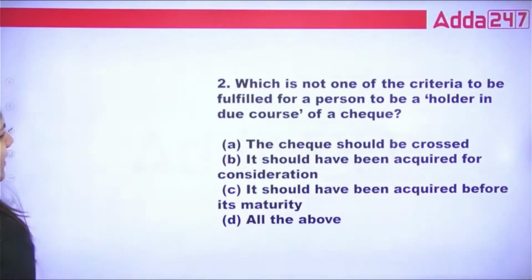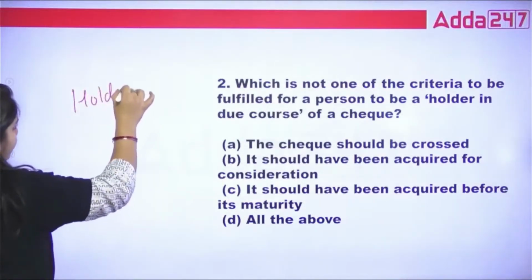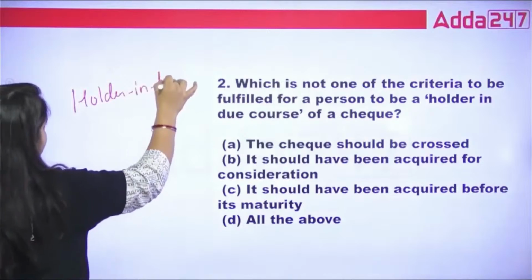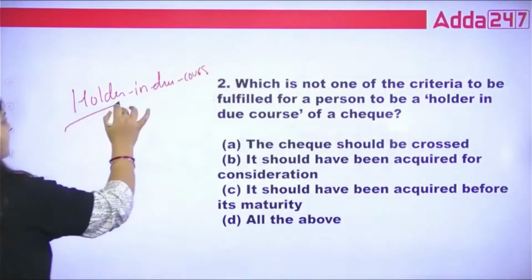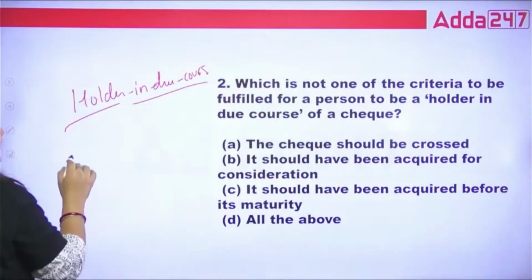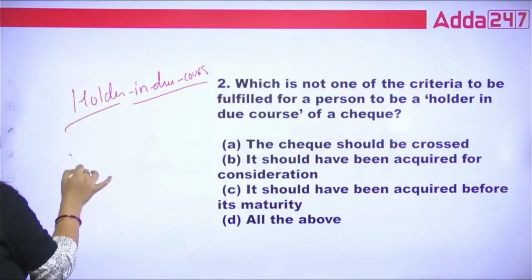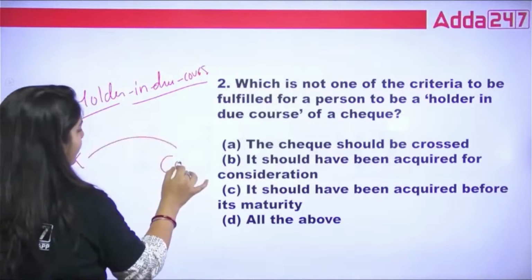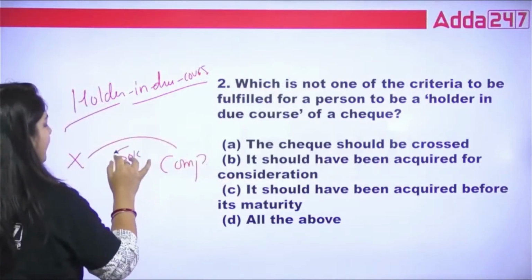That is not one of the criteria to be fulfilled for the person to be a holder in due course of the check. So first of all, we have to understand what a holder in due course is. That is very simple. Holder in due course is basically, suppose X is working in a company and the salary is 50,000 rupees, right?